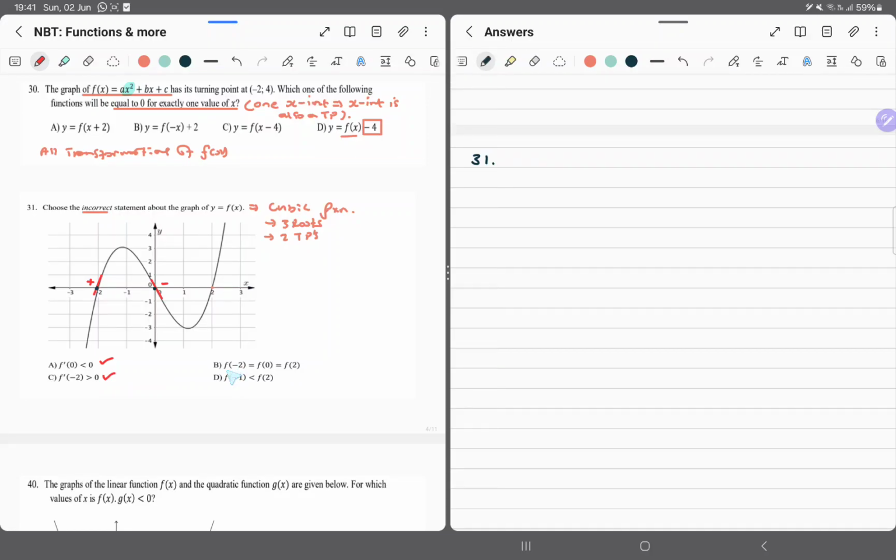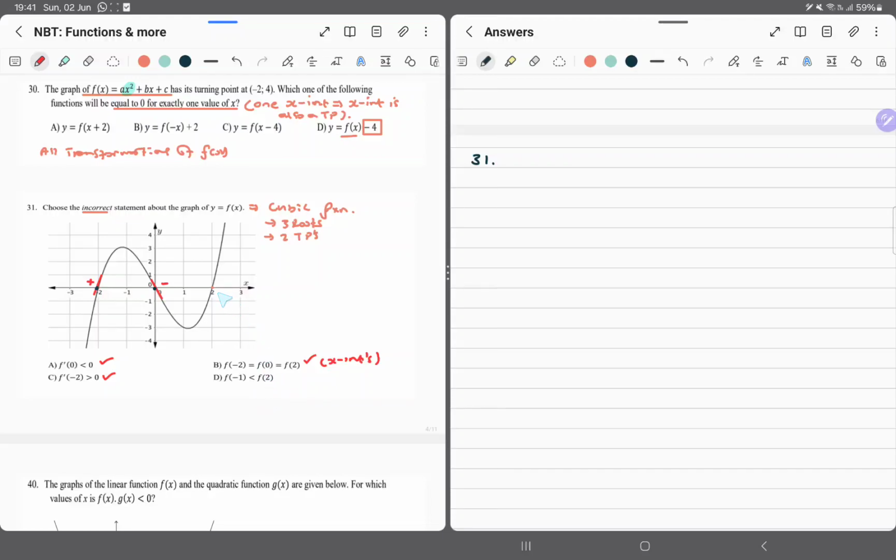That's true. F of minus 2 is equal to f of 0, equal to f of 2. Yes, that is true because these are the x-intercepts. At the x-intercepts, the graph is 0, and all of those give us the same answer of 0. Now f of minus 1 is less than f of 2.